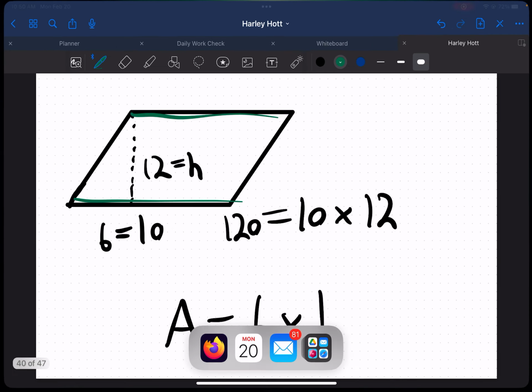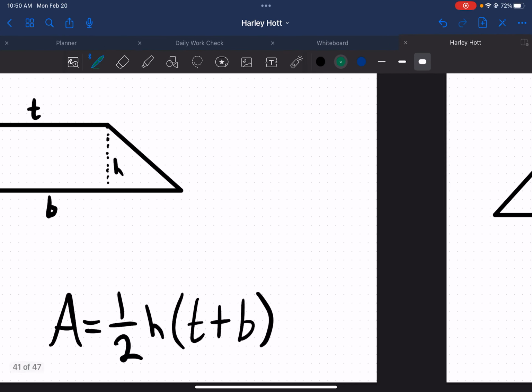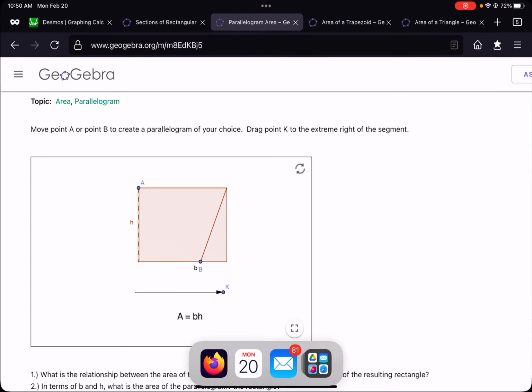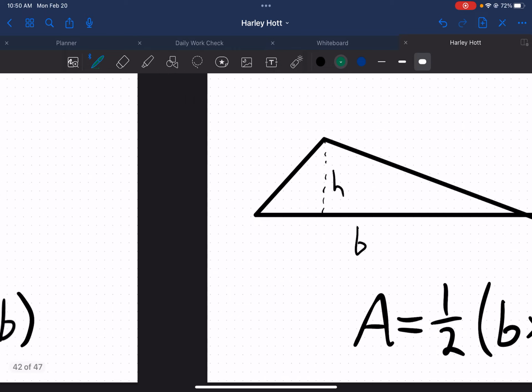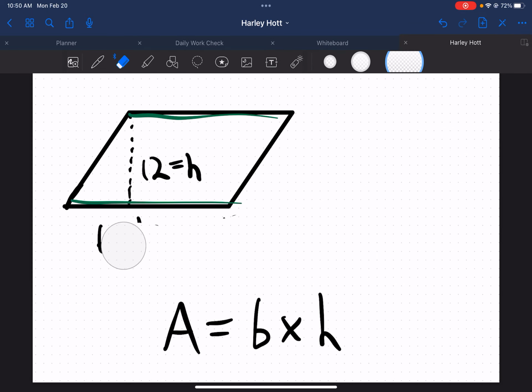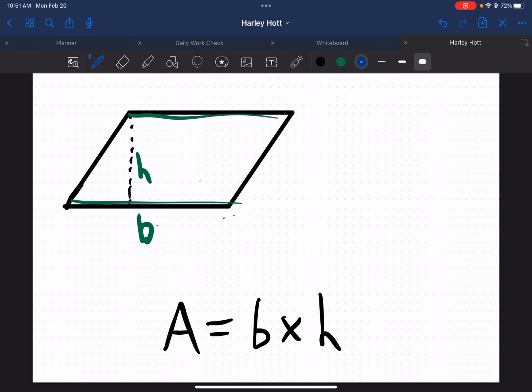Now, the next shape we're going to talk about, I think we're going to skip right over to triangles. So let's look at a triangle. You know what? I'm actually going to demonstrate this one by myself. So here we have a parallelogram and its dimensions, right? We have a base, and we have a height, and it has some area. Now, if I were to take that area and cut right along here, we can see that I'm cutting the area in half, right?